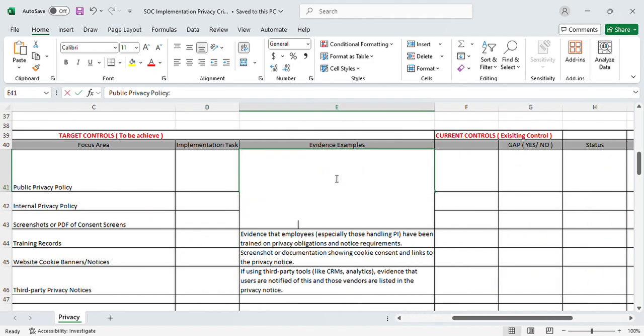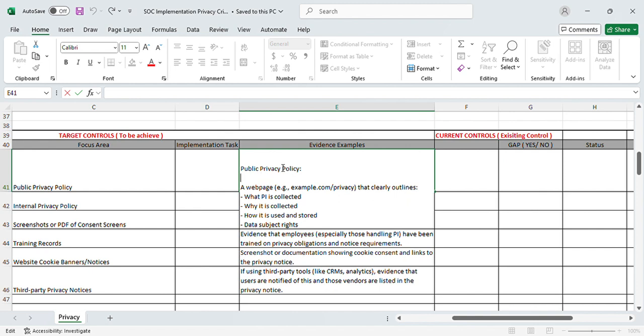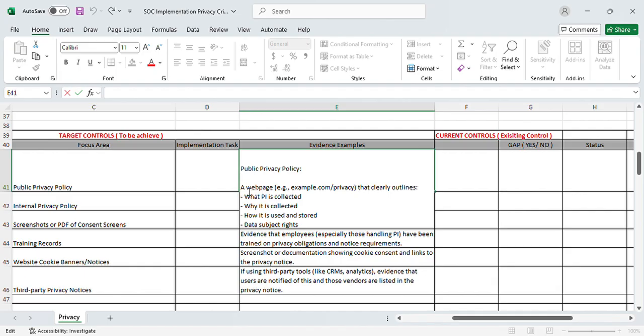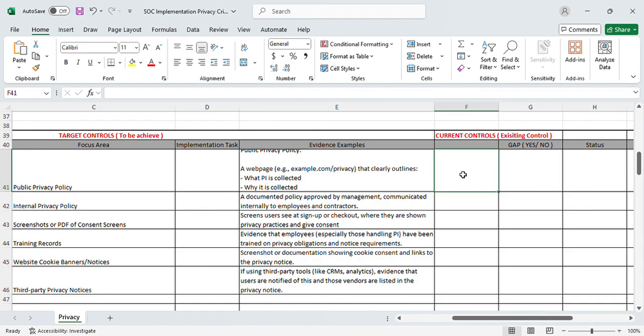What are these evidence examples? For public privacy, it is any web page that clearly outlines how PI is collected, why it is collected, how it is stored, and data subjects' rights. So if any organization has a website and has clearly mentioned these outlines, then in the current controls they can mention that yes, it is implemented.